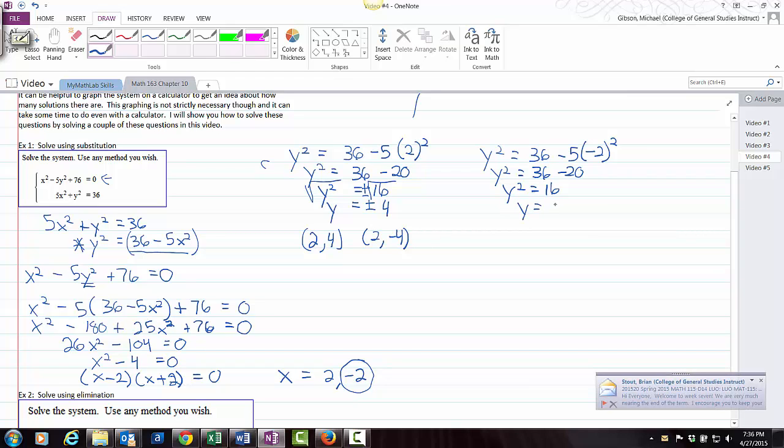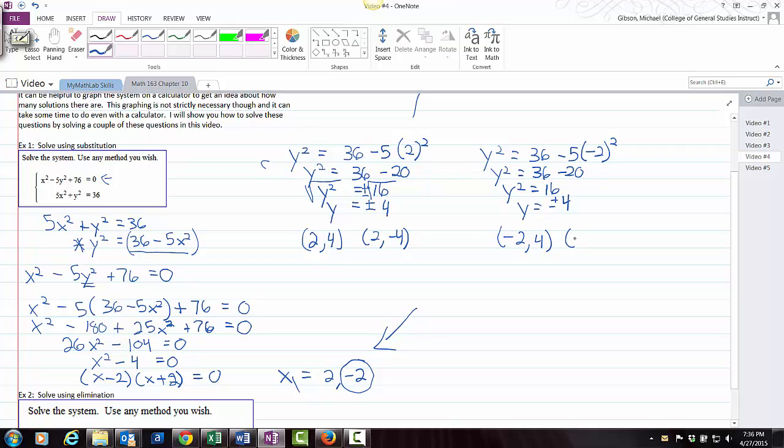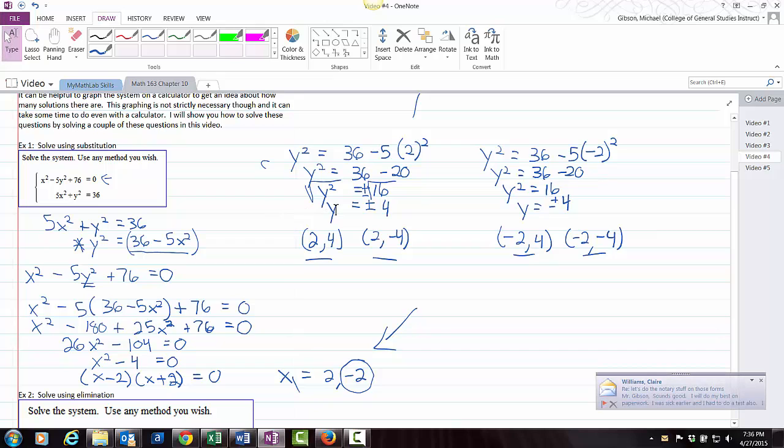Y is going to be the same, plus or minus 4. This time we stuck in minus 2, right? So we get 2 points from here, minus 2 comma 4 and minus 2 comma minus 4. So you see this is one of those where we have 4 separate points. 1, 2, 3, 4.